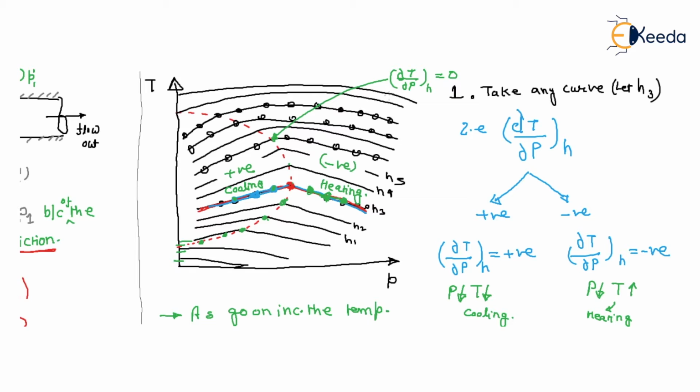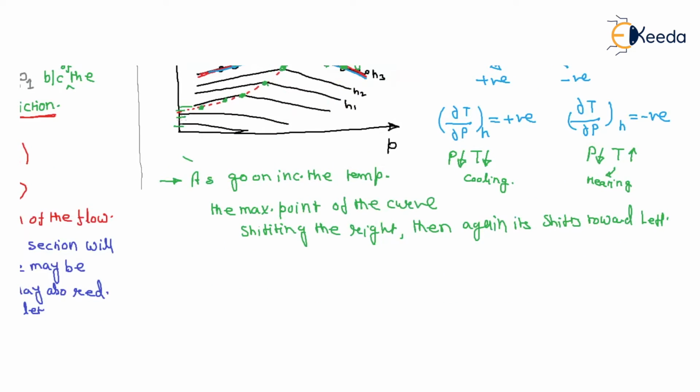We plot according to the practical approach, and the first conclusion is that when we increase the temperature, the maximum point first shifts to the right, and then it shifts to the left.